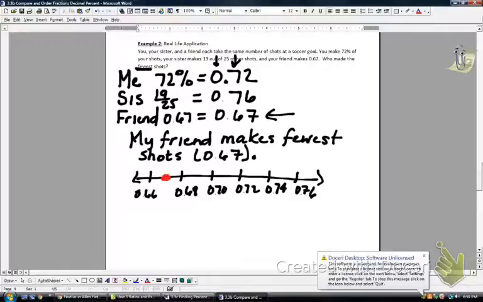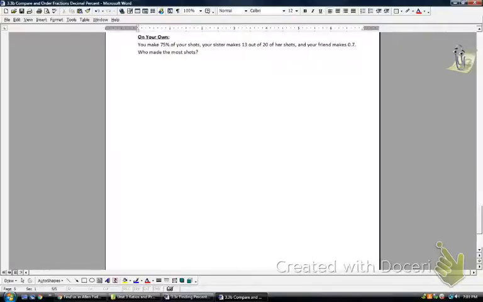So 0.67 would be here, then 0.72, this is me, and then 0.76, this is my sis, and then my friend is here. So there's a visual for you on a number line. If that helps, then you can use a number line, and then you can see that 0.67 is the least amount, so that's who makes the fewest amount of shots.